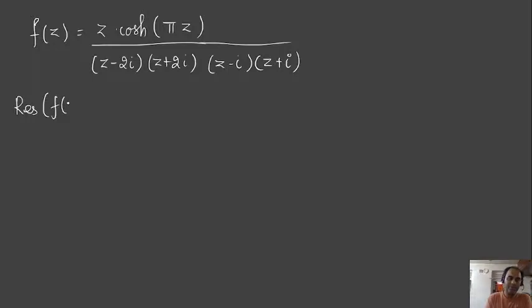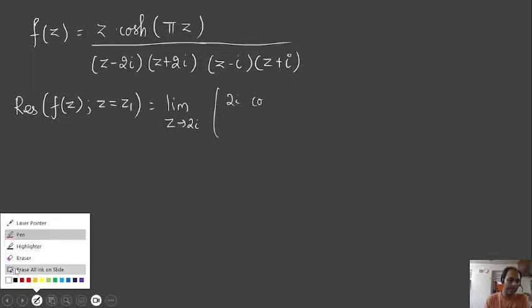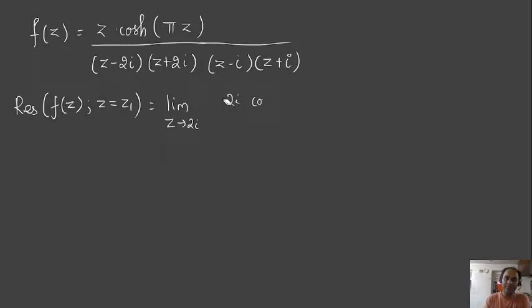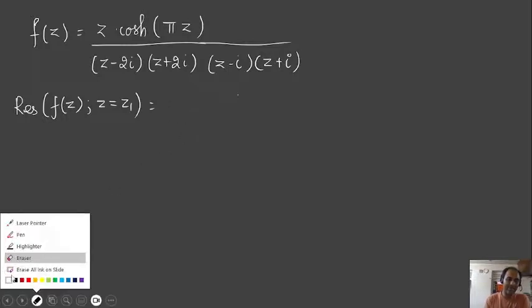with the residue of f of z at z equal to z1. You write the limit as z tending to 2i, so it will be 2i into, let me write directly because I showed you that shortcut technique, right? So you have to delete that point where that residue is there.